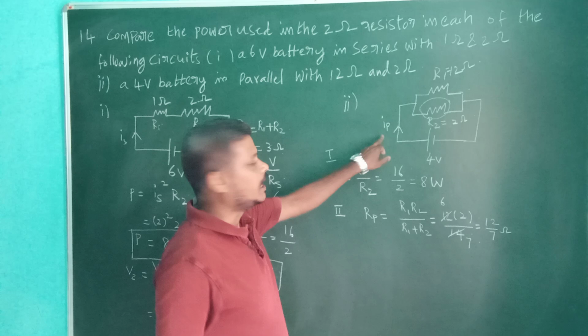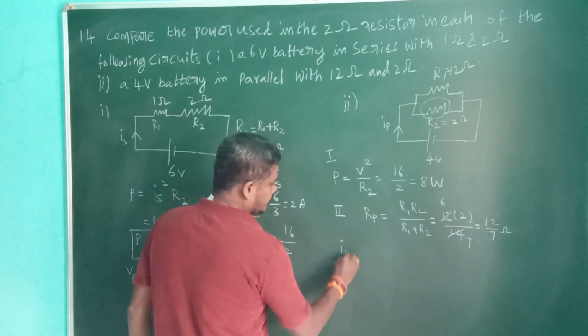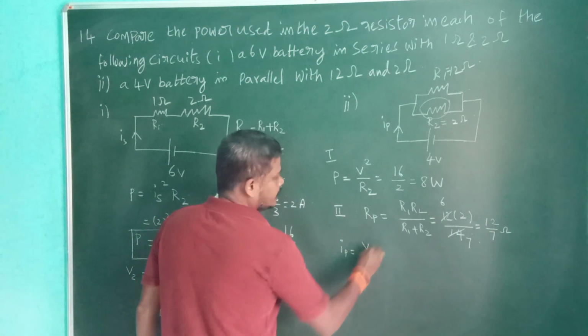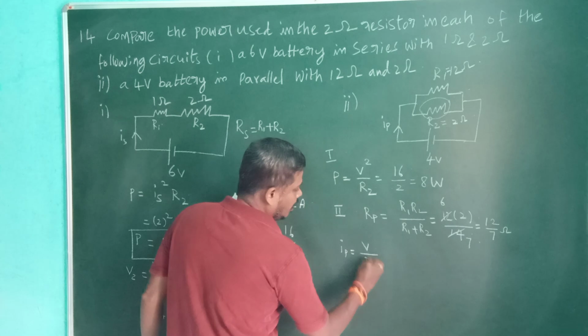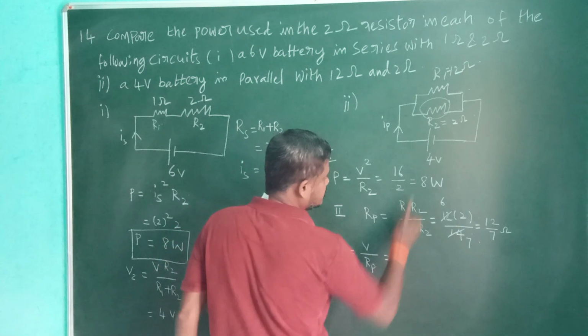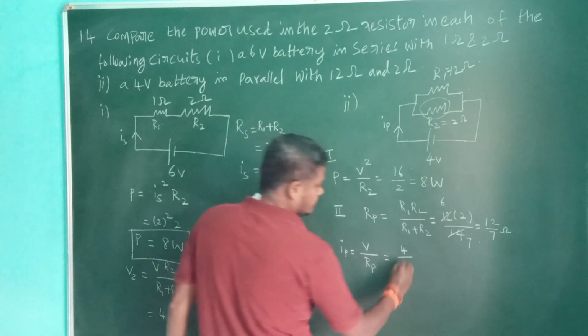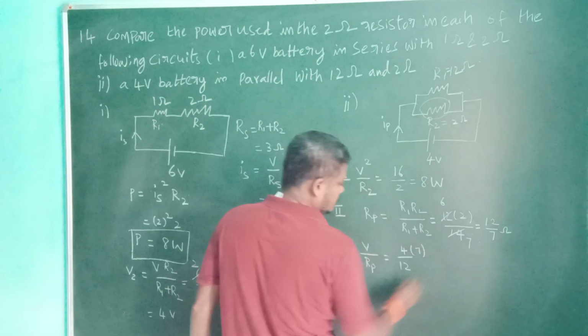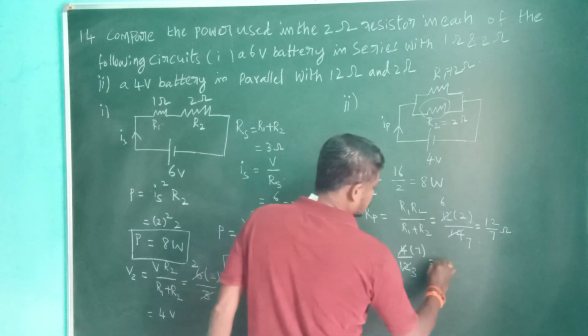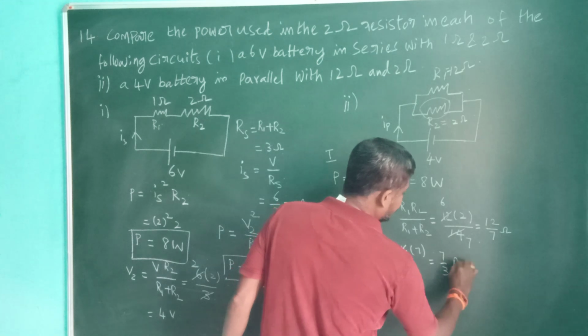Now current IP is given by V by R parallel, that is V is 4 by R parallel which is 12 by 7, that is 4 7s are 28, 3 4s are 12, that is 7 by 3 ampere.